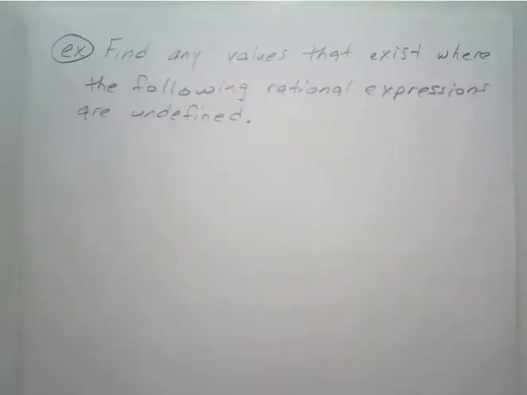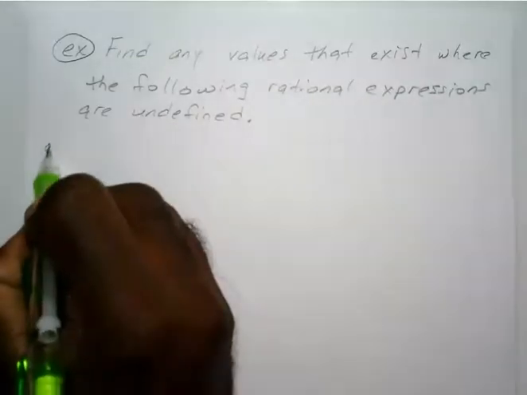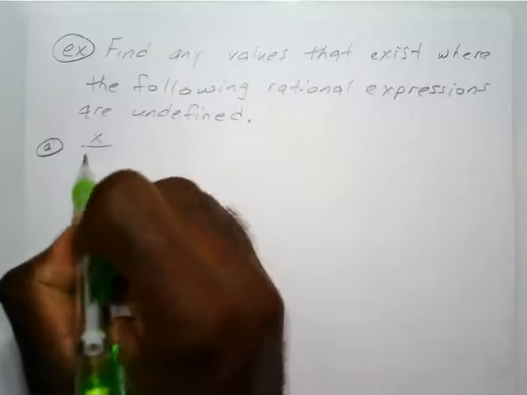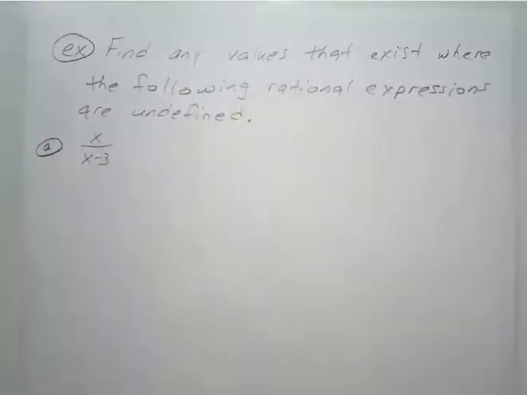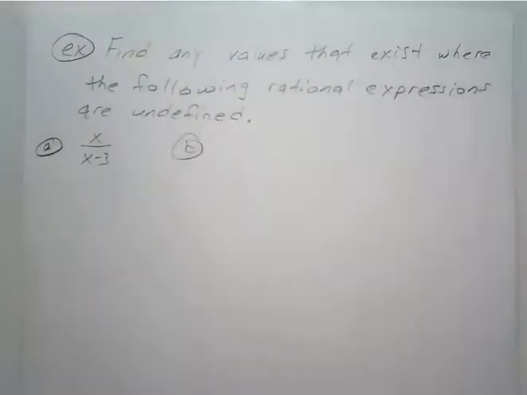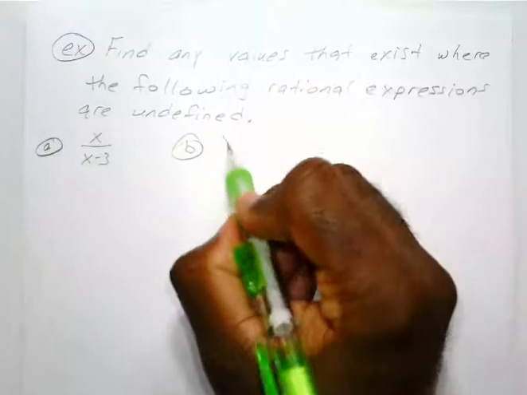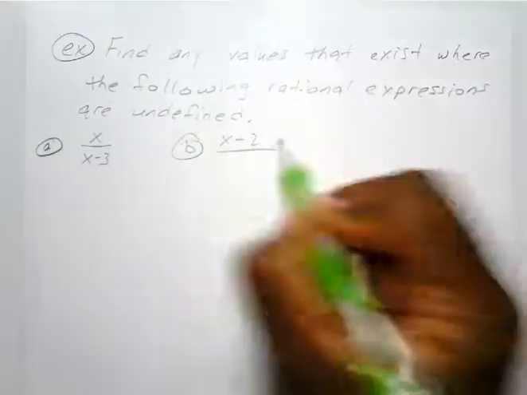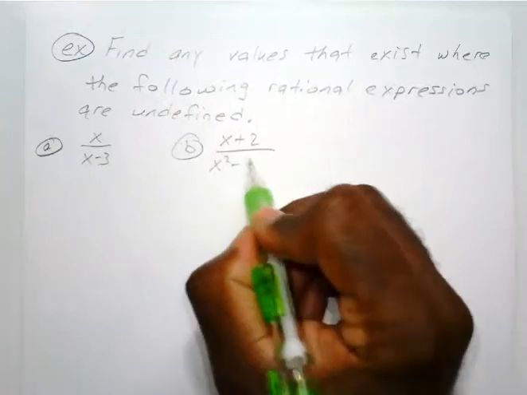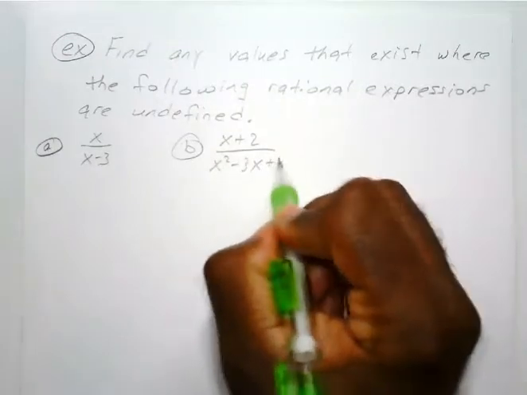For our first problem, we'll call that problem A. That's x over x minus 3. And we'll have problem B. We'll make that x plus 2 over x squared minus 3x plus 2.